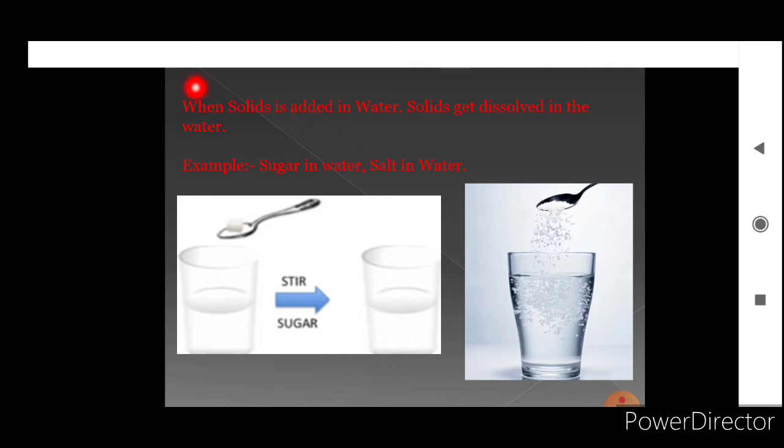So, when a solid is added to water, it gets dissolved. Examples are sugar in water and salt in water. When you do it practically, you will understand how these salt particles occupy the space between the liquid particles. Understood? This is all about solids in water.